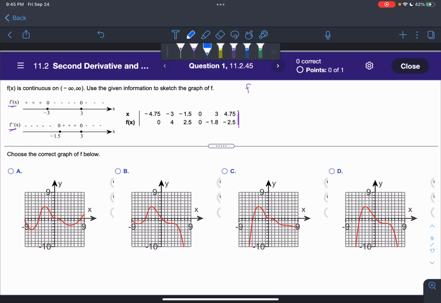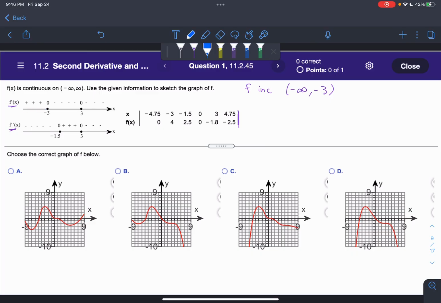So let's start with the first one about f prime. When my f prime is positive on this interval, that means my f is increasing. And on what interval? That's from negative infinity to negative 3, wherever I see plus, plus, plus.